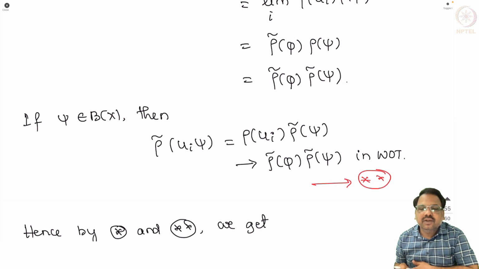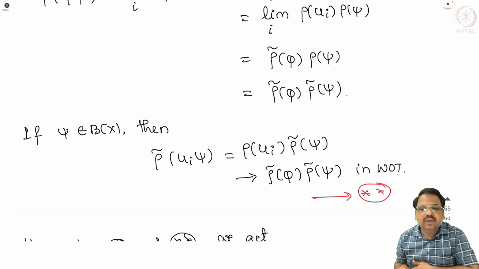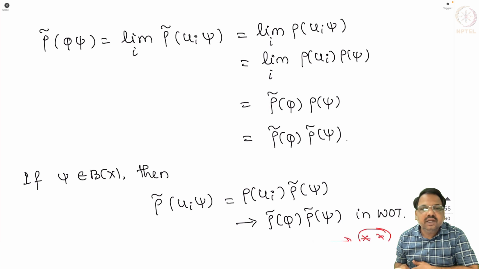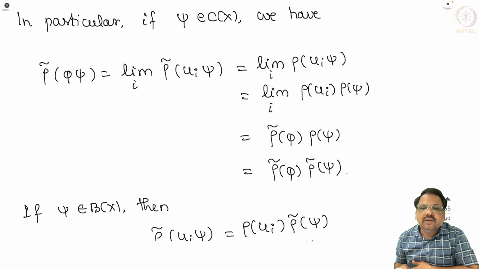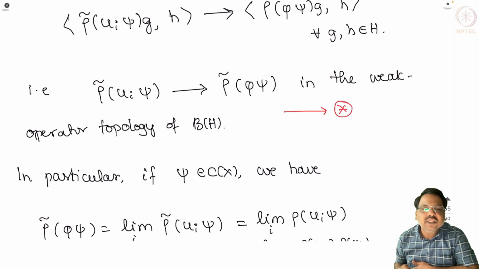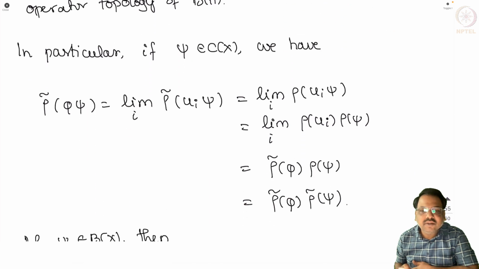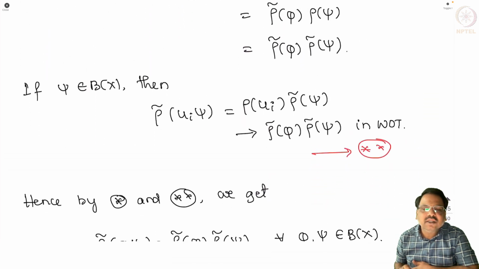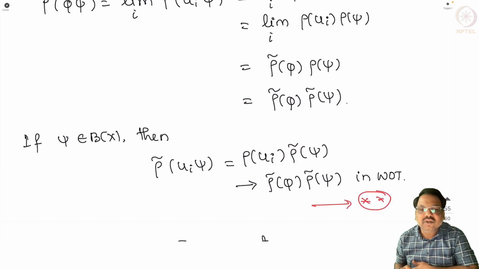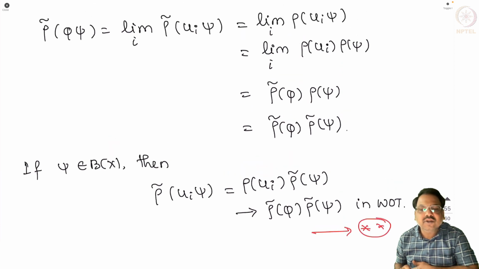Now this converges to ρ̃(φ) ρ̃(ψ), because ρ(u_i) converges to ρ̃(φ) in the weak operator topology. So we know that ρ̃(u_i ψ) converges to ρ̃(φψ) by star in the weak operator topology, but here we got that ρ̃(u_i ψ) converges to ρ̃(ψ) ρ̃(φ), which we call double star. So this is also convergence in the weak operator topology.